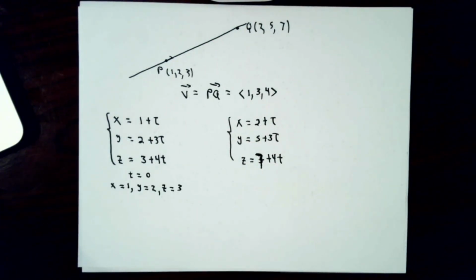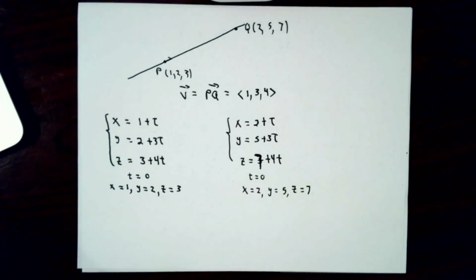In the first set of equations, if I set t equal to 0, I find out that the point where x is 1, y is 2, and z is 3 is a point of the straight line, which makes perfect sense as that's the point we used to build those equations.